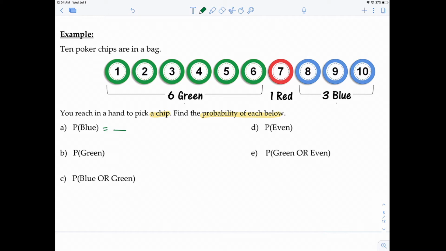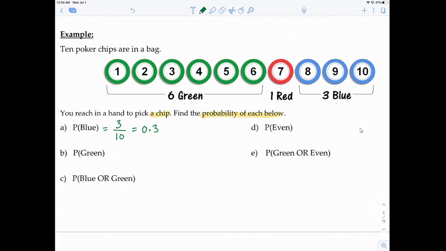So in this case, there's 3 ways we can choose a blue chip, out of 10 possible outcomes because there's 10 different chips. So that's just going to be 3 over 10, or if we write this as a decimal, that's 0.3, right? And that's just basic division, 3 divided by 10 gives us 0.3.